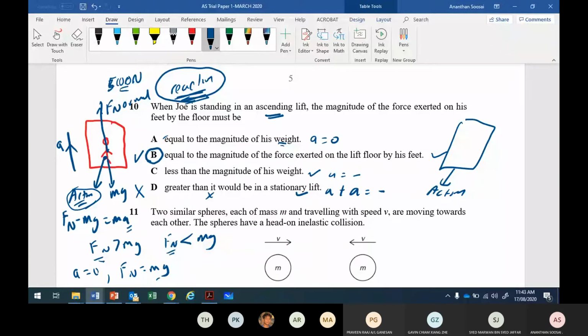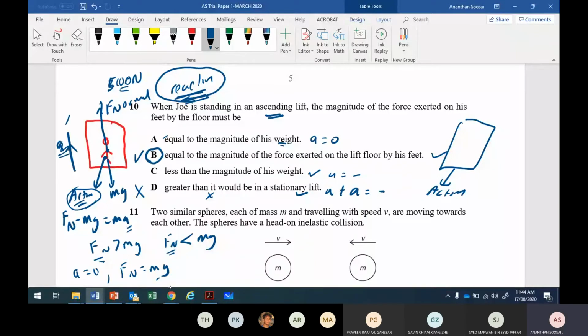Teacher, A, B, C are all correct, but they never cover the entire information. But the question said ascending, right? Shouldn't the reaction be greater than the weight? If it's ascending, we don't know if it accelerates or not.